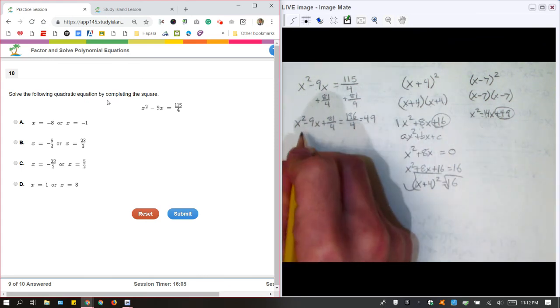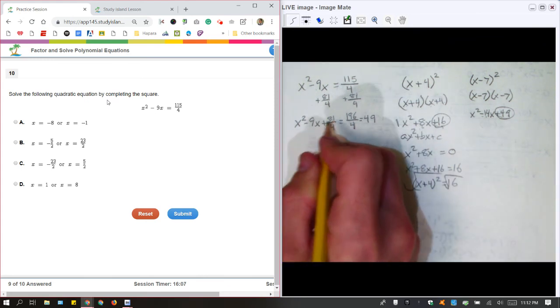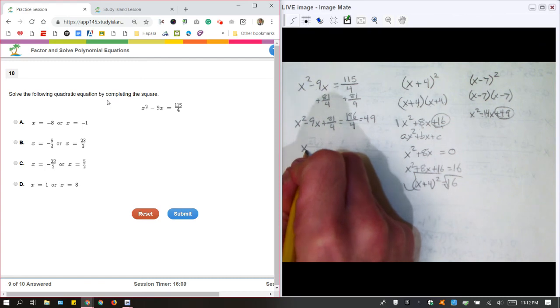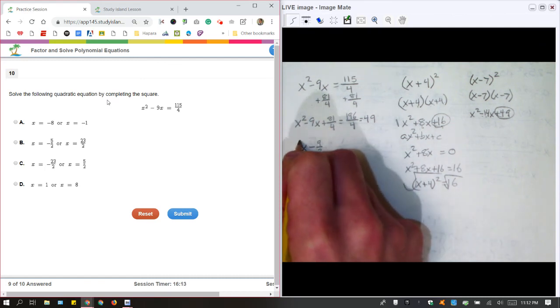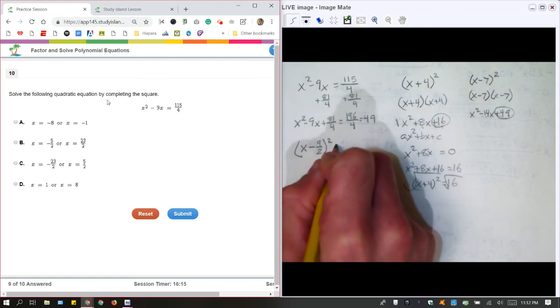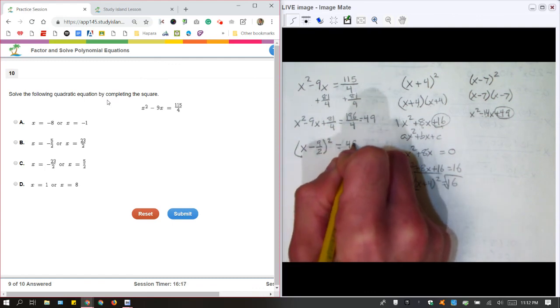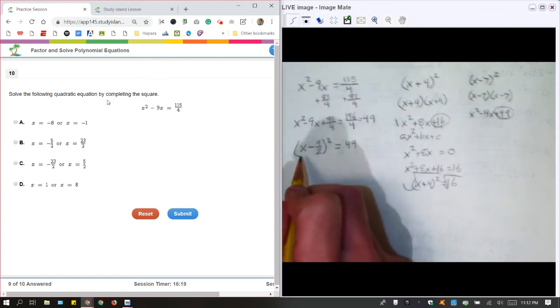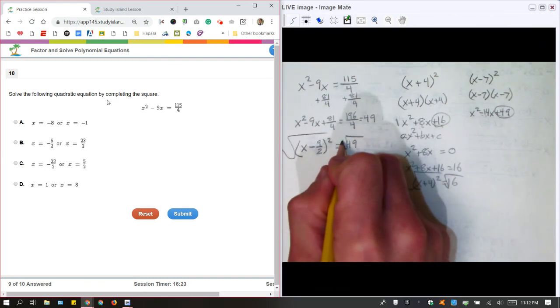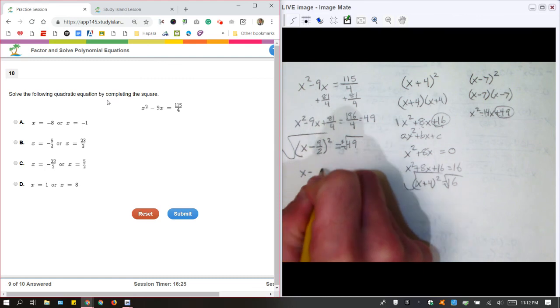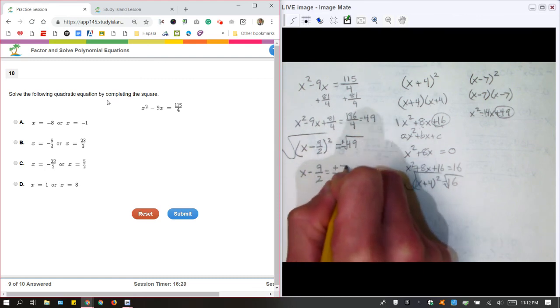So here we go. We have x squared minus 9x plus 81 fourths. Again, that is going to be x minus 9 halves squared equals 49. And now we just take the square root of both sides. So I want the positive or negative version. So I have x minus 9 halves is equal to positive or negative 7.